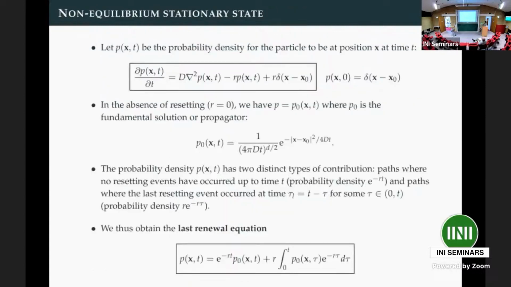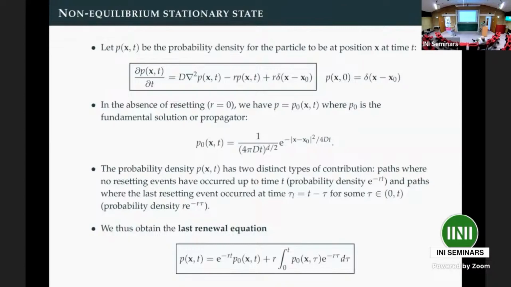Okay. So if you look at the Fokker-Planck equation, you have to add, if you like, a removal term, because anywhere in your space, you can be removed from that position and sent to the reset position at a rate R. And this Dirac delta function is conserving the probability because you're resetting to X naught. So it's pretty obvious.